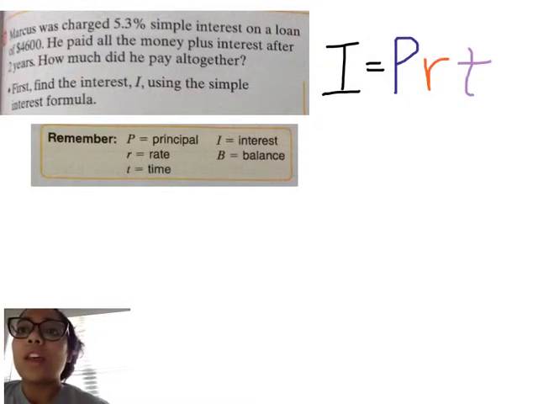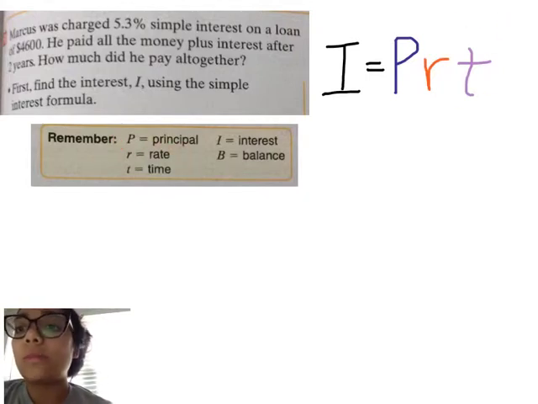So how much did he pay altogether? So we need to first find the interest. My interest formula is written right here, and remember what they all stand for. So interest, I, equals P, the principal, times the rate, times time.